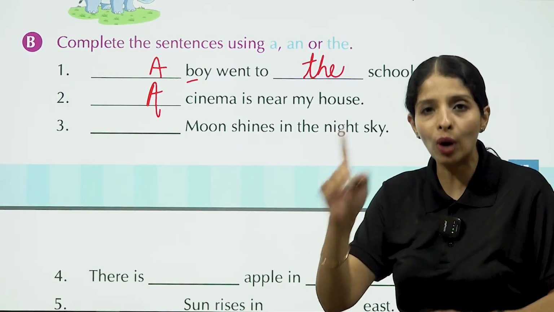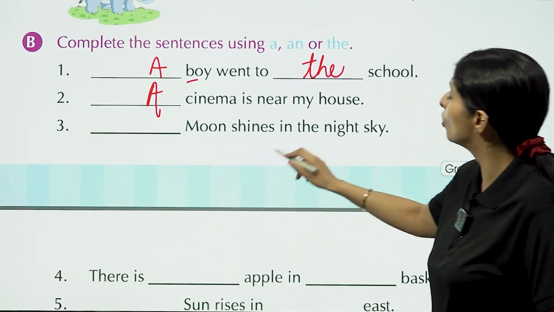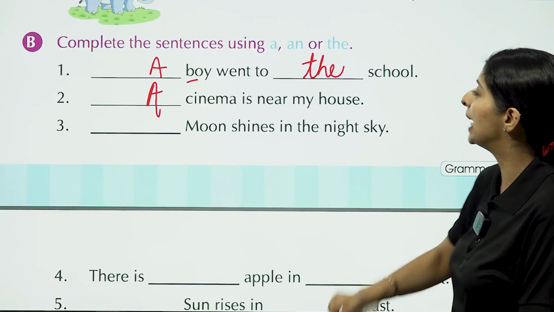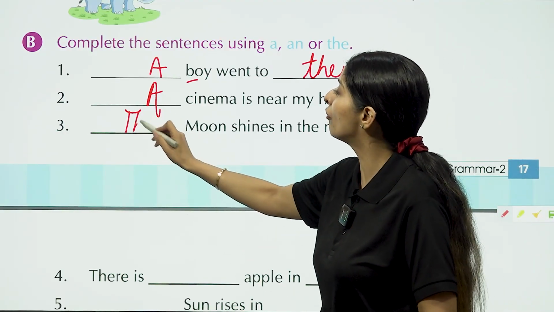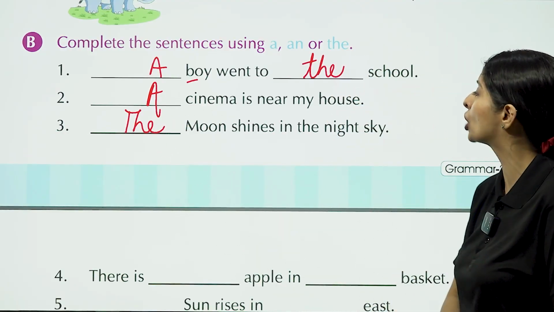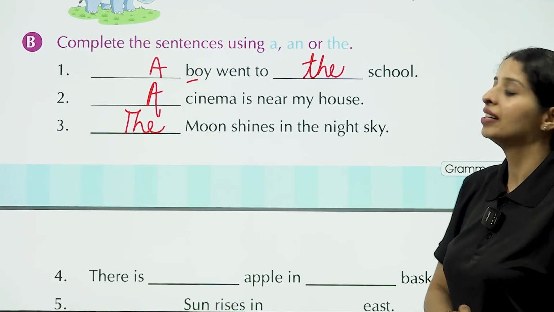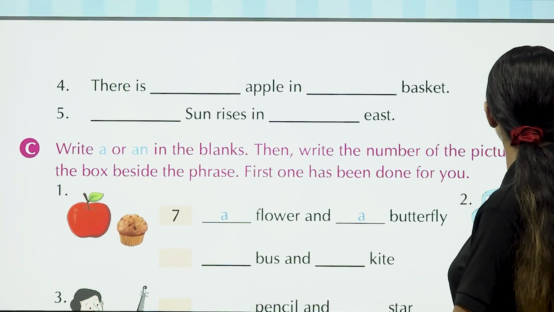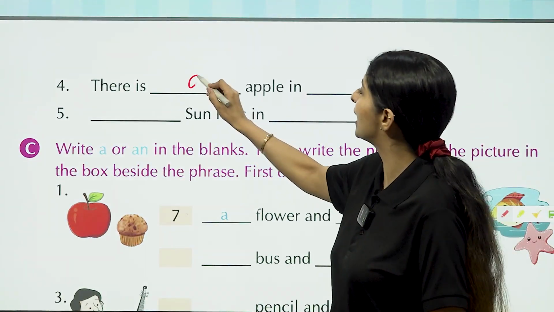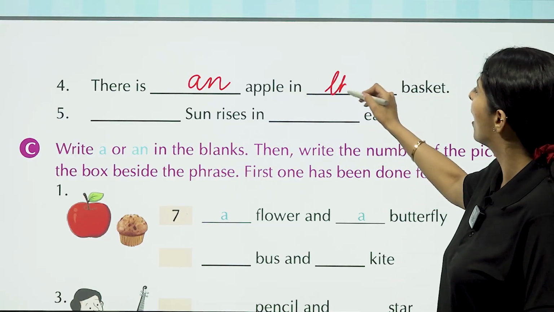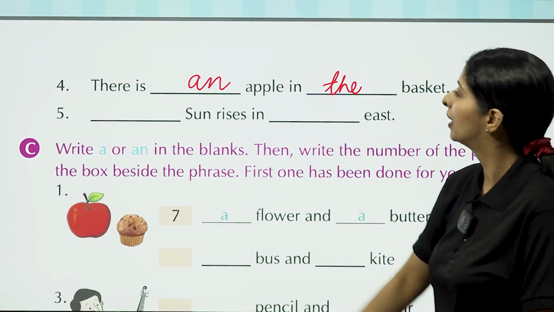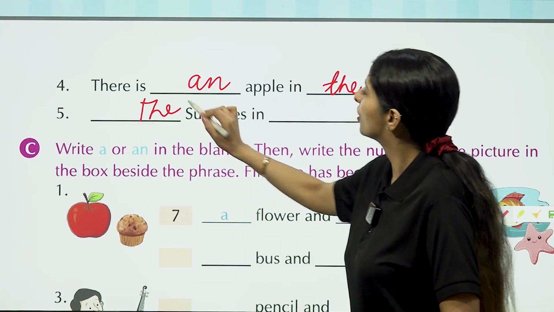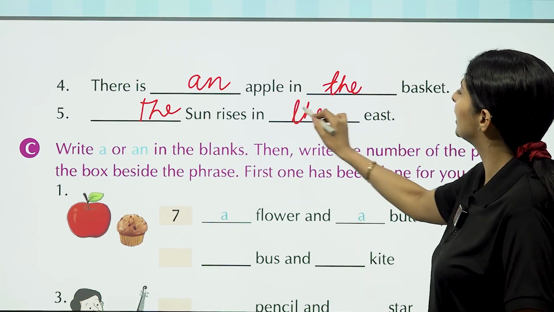I am talking about one. Dash moon shines in the night sky. Moon is one of its kind. The moon shines in the night sky. There is dash apple in dash basket. There is an apple in the basket. The sun rises in the east.